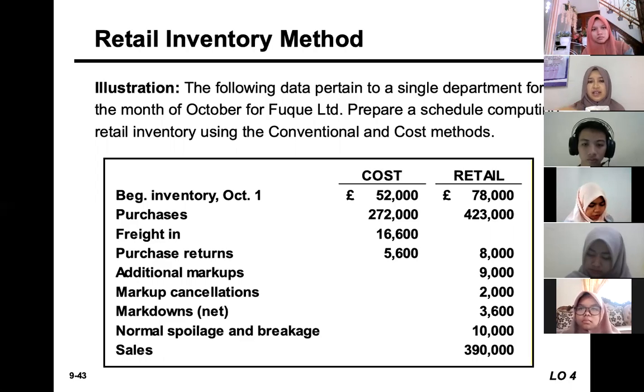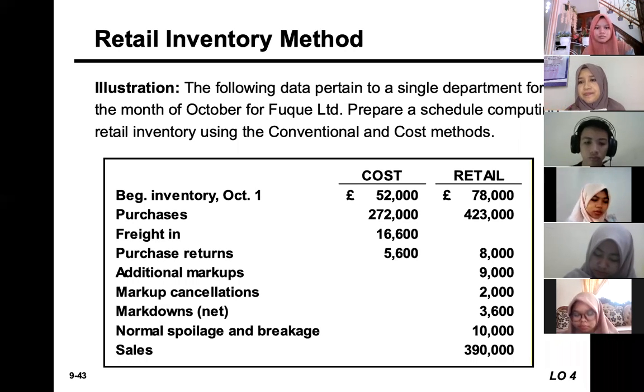So there is a reduction of 20,000 from the markup, right? So that one is markup cancellation. You cancel that 20,000 markup. Understood? Can I see your indication that you understand? Okay.